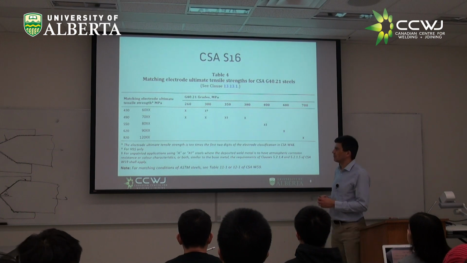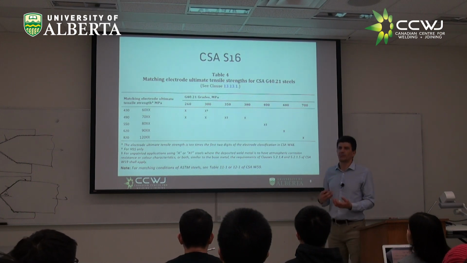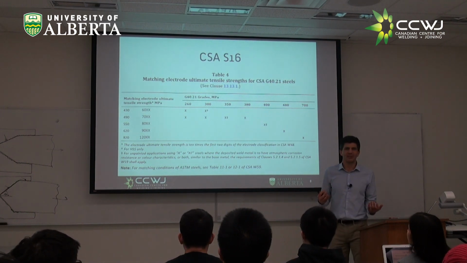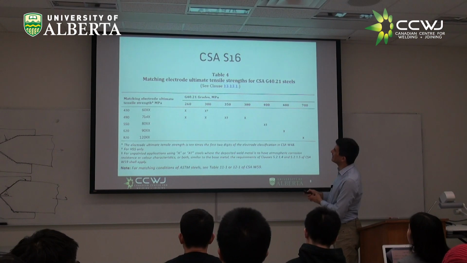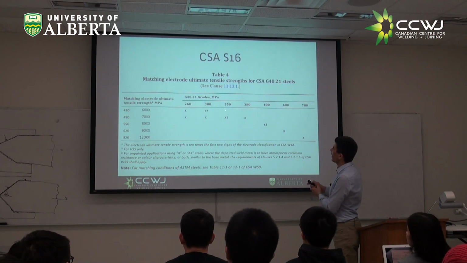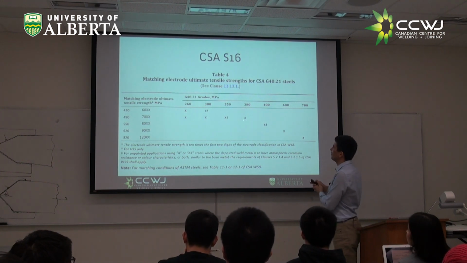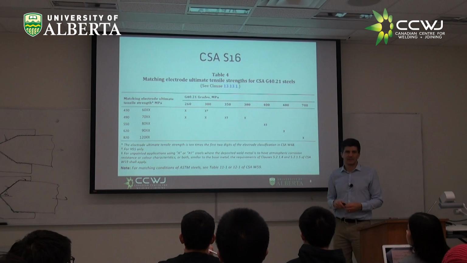And like many things in welding, if you look back, you can think of smarter ways of doing it, but fine. This is the way it is today. So 7018 or something is 490 UTS. It would be considered matching for all these grades of plate, right?